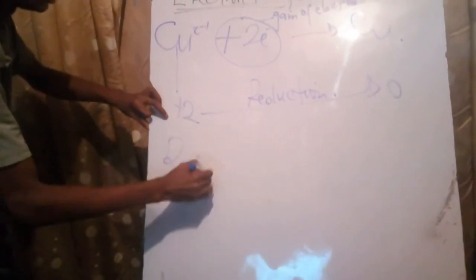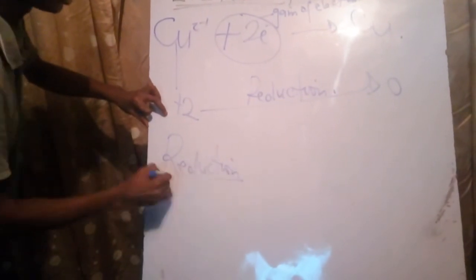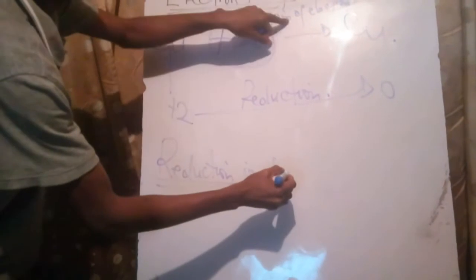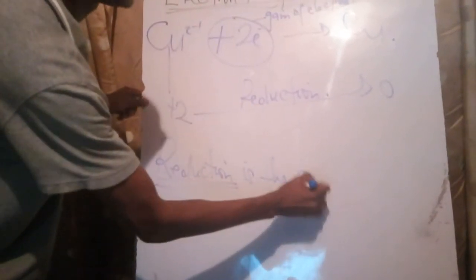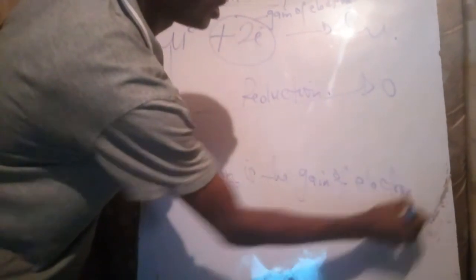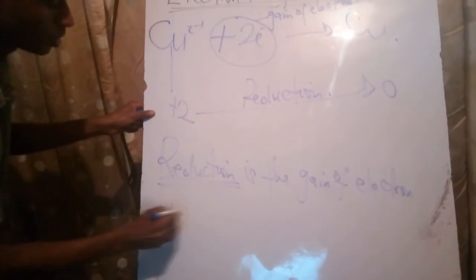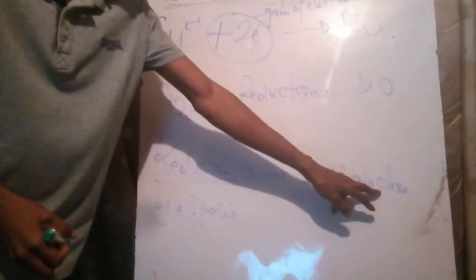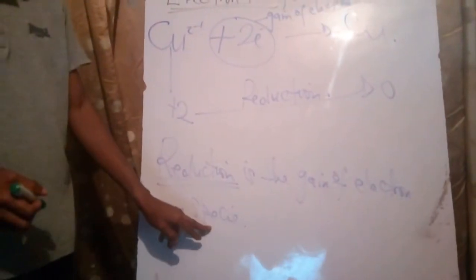I will now conclude that reduction is the gain of electron by a species. I hope the writing is clear. By a species. That is reduction, the gain of electron by a species.